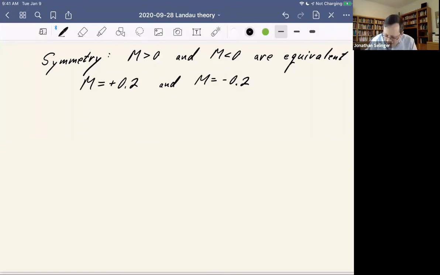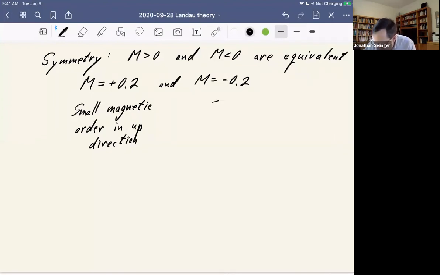But this one is small magnetic order in the up direction.